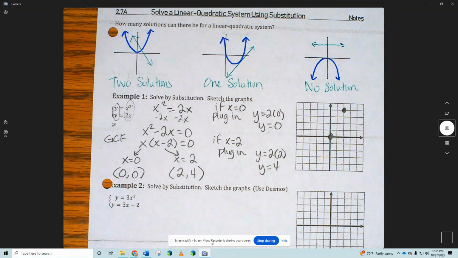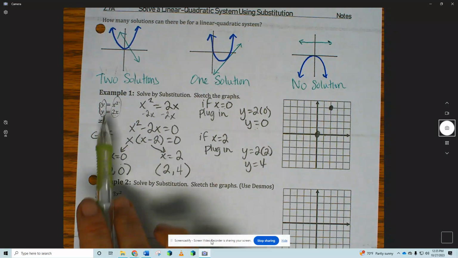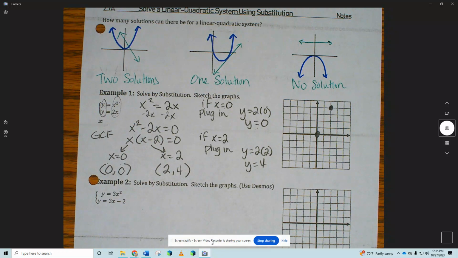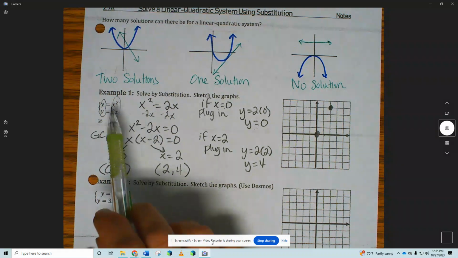But now I'm going to graph them. So how do I graph a y equals x squared? The basic, that's my parent function, you guys. How do I graph y equals x squared? Parabola. You've probably done it so many times. It's a parabola. Where do I start? How do I move it? Where? Start at 0, 0. And then what's my slope of y equals x squared?